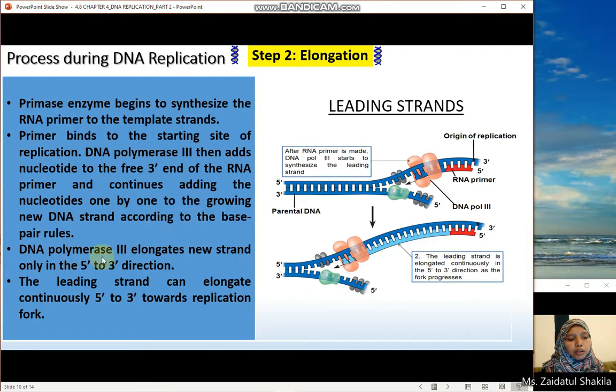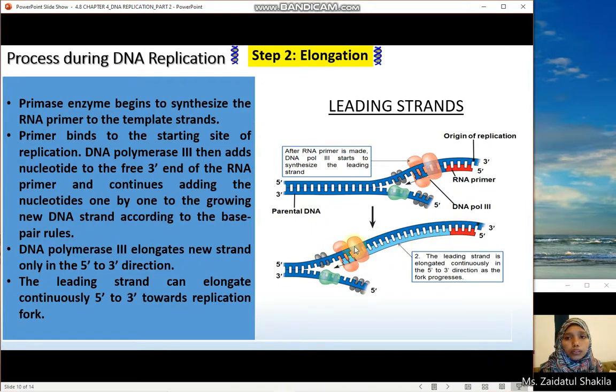DNA polymerase 3 elongates the new strand only in the 5 prime to 3 prime direction. So you need to make sure where the 5 prime is and where the 3 prime is. The leading strand can elongate continuously 5 prime to 3 prime towards the replication fork. This is the formation of the leading strand.